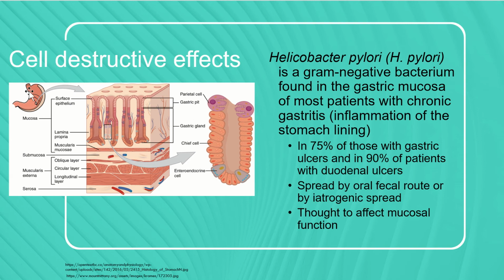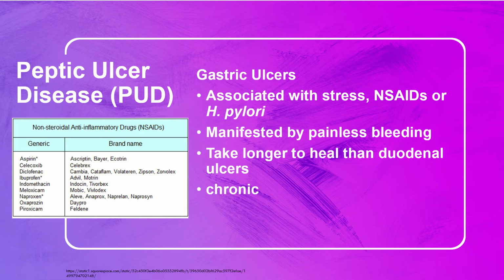So we have a cross section here of the stomach, as we saw previously, and we see our parietal cells and our other cells as well. All right, so PUD, peptic ulcer disease, and they are gastric ulcers, and they are associated with stress, NSAIDs, and I'm sure you know your NSAIDs, which are your non-steroidal anti-inflammatory drugs, and there are several brand names, and you might know aspirin, ibuprofen, those are 2 common ones.